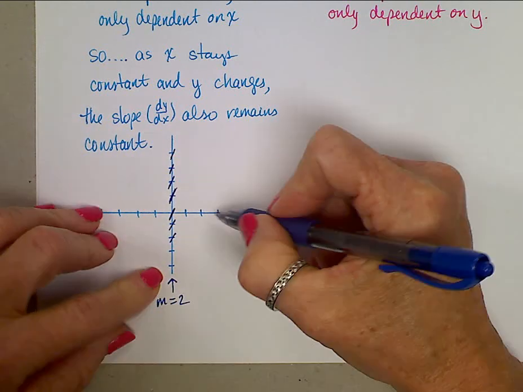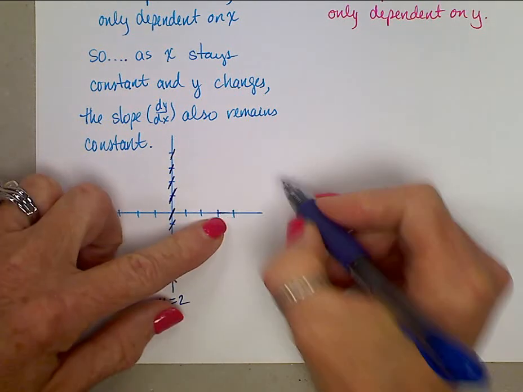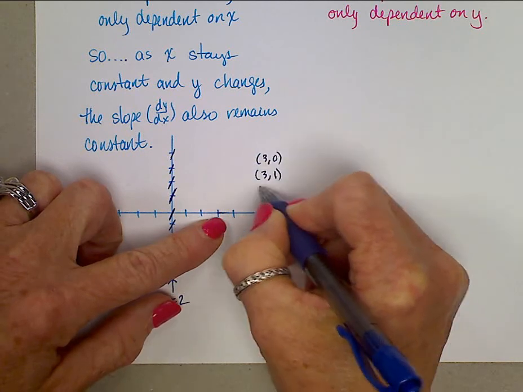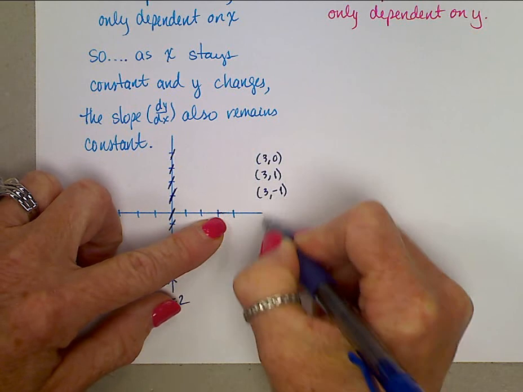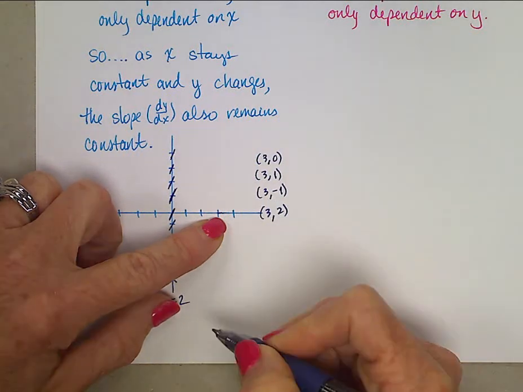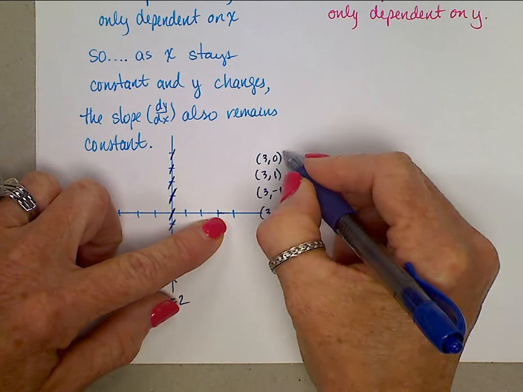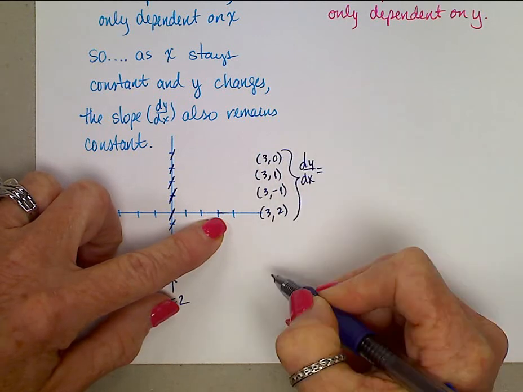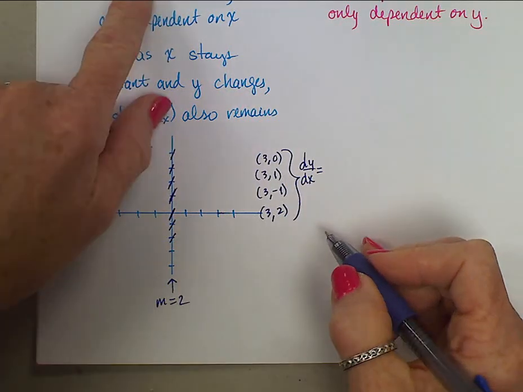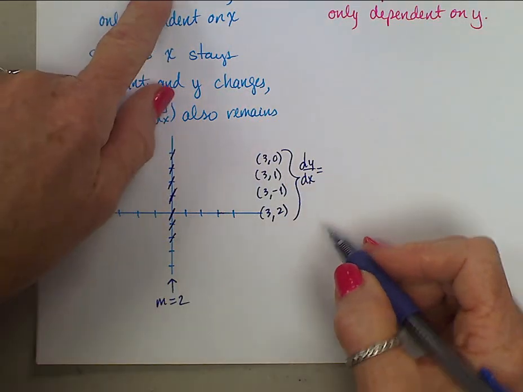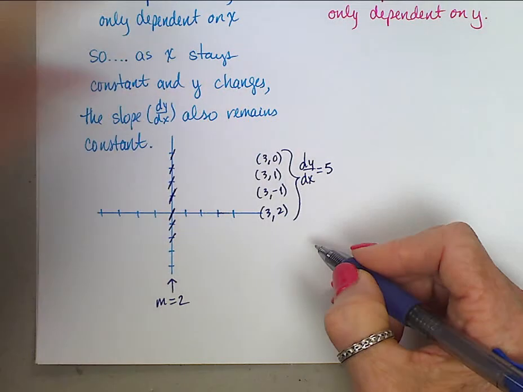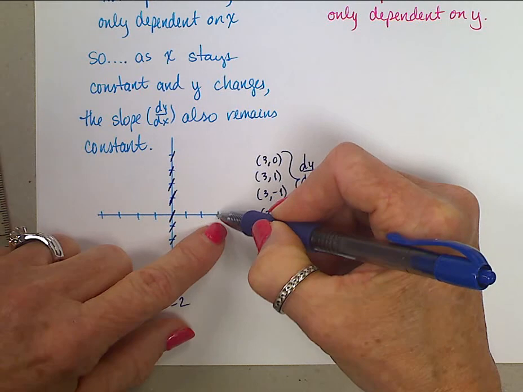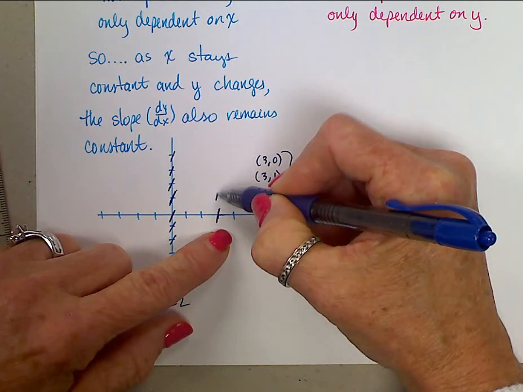What about when x is 3? So at the point 3, 0, at 3, 1, at 3, negative 1, at 3, 2. Any of those, the slope dy dx for this particular problem is the x value plus 2, so that's 5. Oh my, that's very steep. A slope of 5. Nearly vertical here.